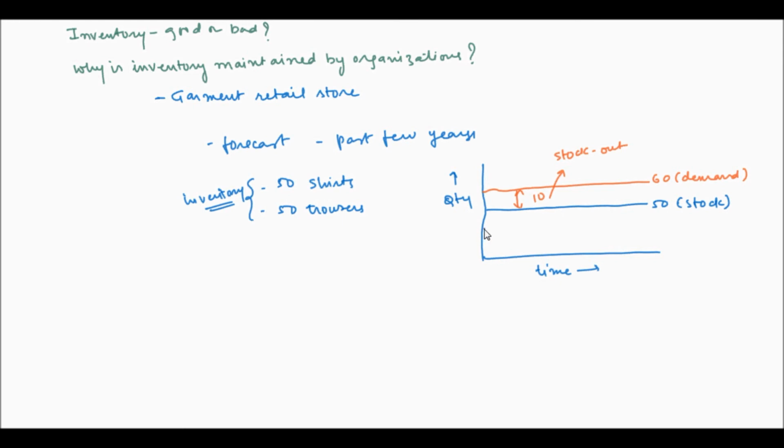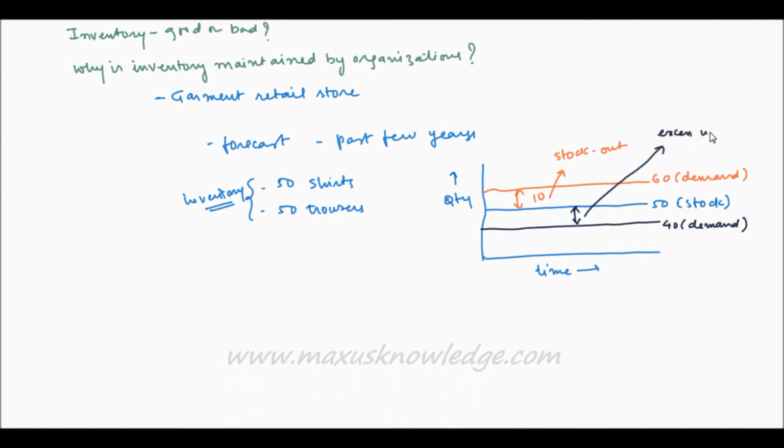Now, on the contrary, if you had stocked 50 and the actual demand turns out to be 40, so this 10 is where you have excess inventory than the demand. So this is excess inventory.